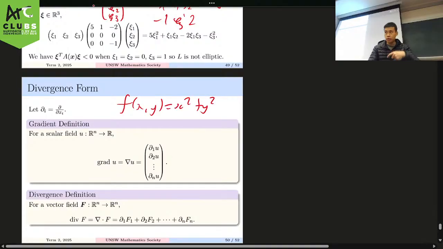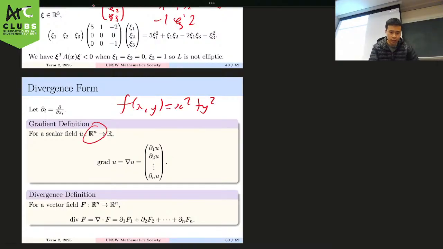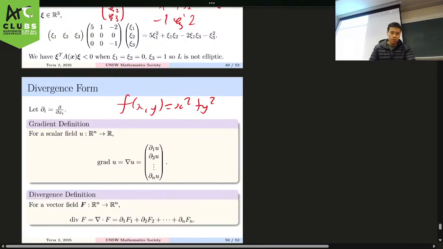You're inputting multiple things, hence R^n, but what you get out is a single number. So you don't get multiple outputs. What we're going to define as the gradient of your scalar field uses this thing called nabla, an upside down triangle, which compacts the information: it's equal to the partial derivative with respect to each component. But this thing is definitely a vector. That's not a number anymore.